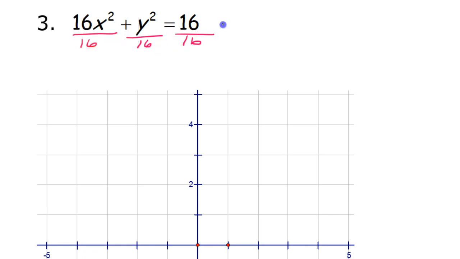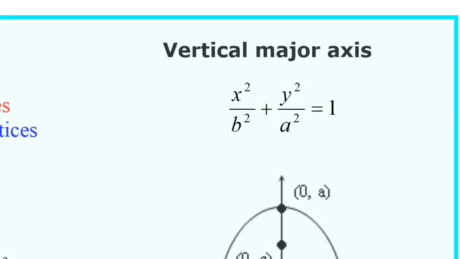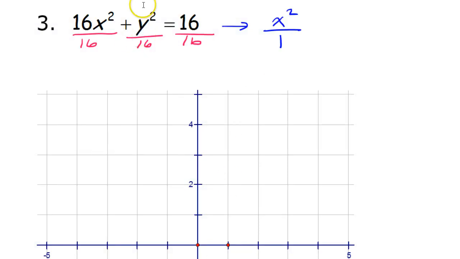So what's that going to give us? All right, so this is going to give us x squared, and I'm going to purposefully go ahead and put over 1, even though normally we wouldn't put a 1, but just to make it look as much like this as possible. Okay, and then we have this plus y squared over 16, and that is equal to 1.